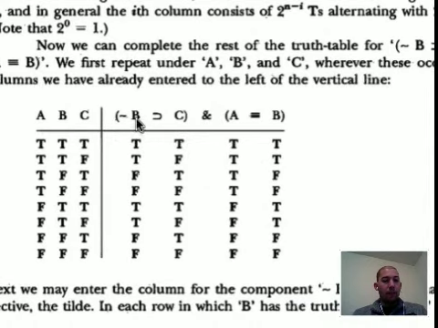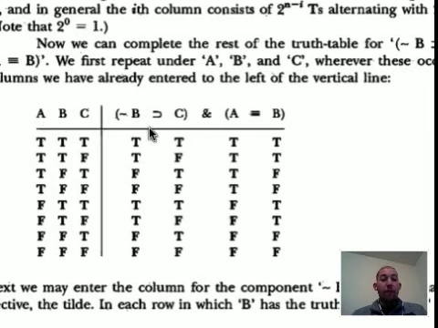So the first thing we've done now is we've copied this column for B under the sentence letter in the complex sentence. And we've done that for each of them. So you should see that A, for example, is true, true, true, true, false, false, false, false, and that mimics exactly the column for the sentence letter A. So after we've done that, we look at the closest connective for each of those sentence letters.